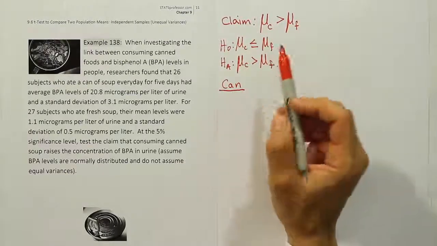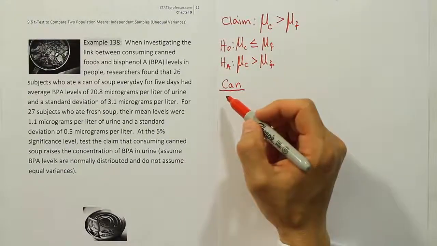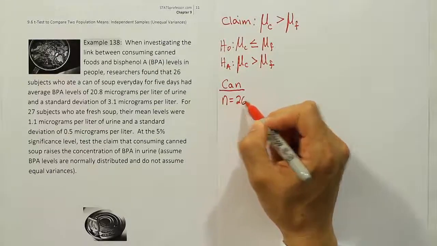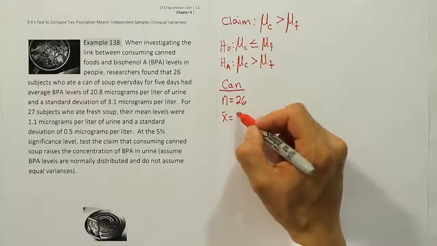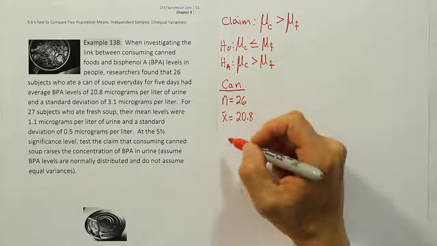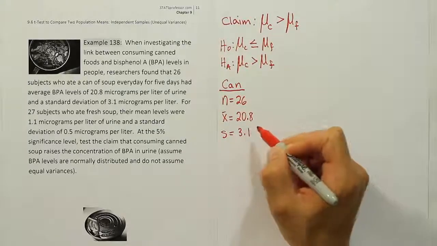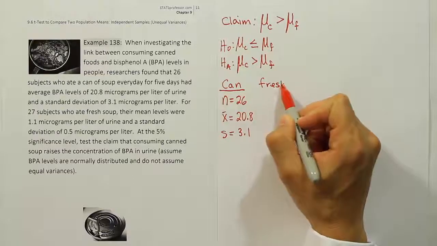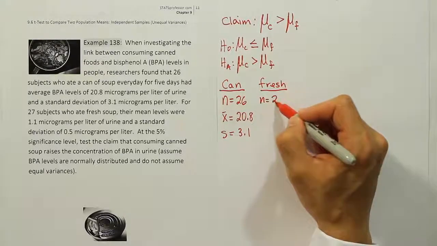All right, but if you do choose to put cans first, then the canned data goes first down here. Now the N here is 26 for the canned group. The sample mean, the average level of BPA, was 20.8 micrograms, and the standard deviation was 3.1 micrograms. All right, from there we had the fresh soup group, and the fresh soup group had 27 subjects.